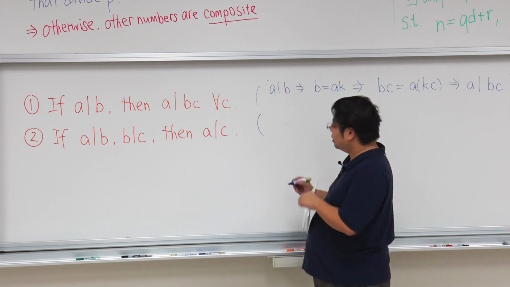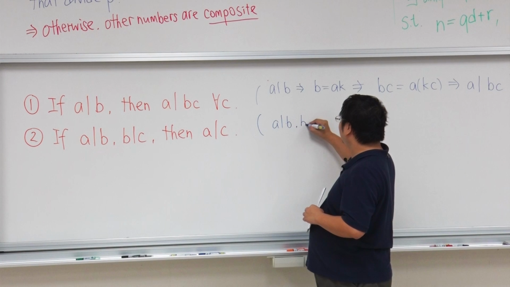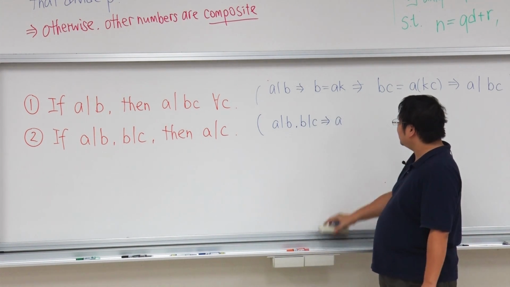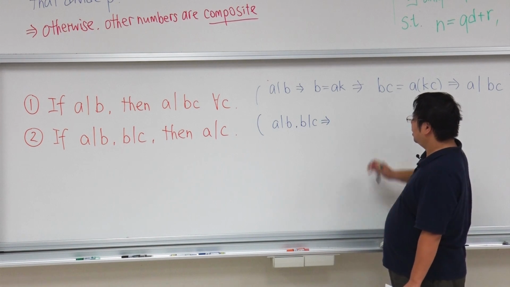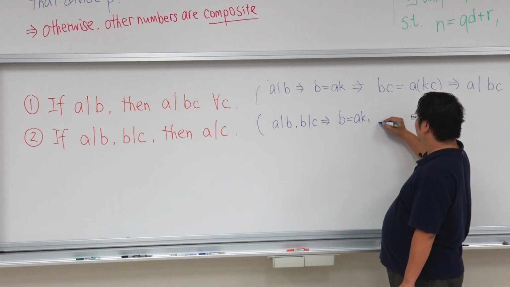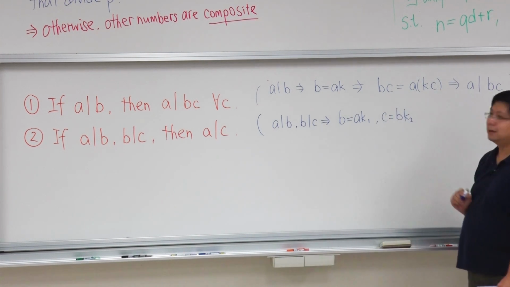So here, A divides B, B divides C. This implies what? B is equal to A times K1, and then C is equal to B times K2, right?